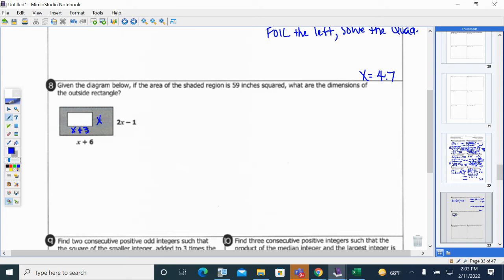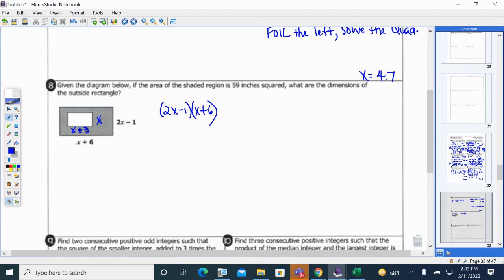So basically what we have to do here is we have to take the area of the outside rectangle and take away the area of the inside rectangle to get the area of the shaded region. So the dimensions on the outside rectangle are 2x minus 1 times x plus 6.